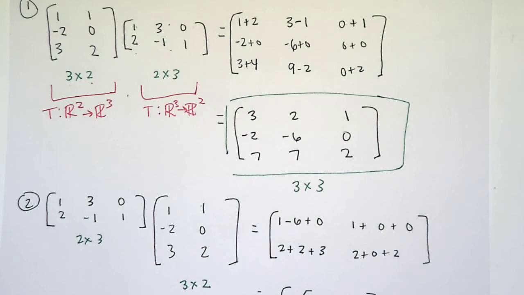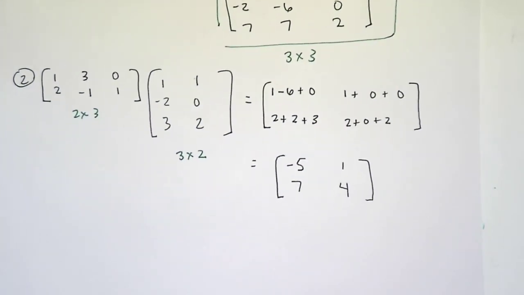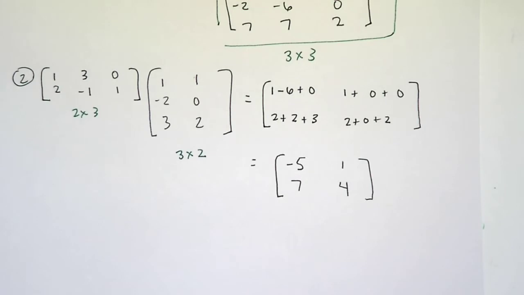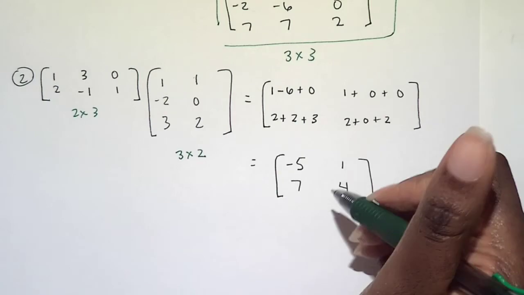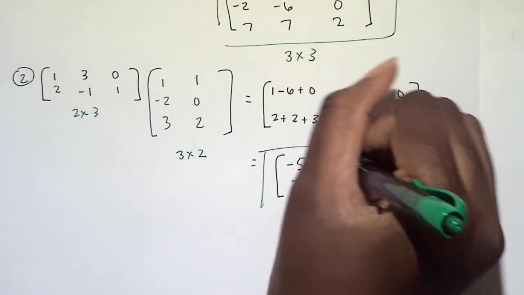All right, so if you need a pause to do the work, you can. I got this 2 by 2 matrix, negative 5, 7, 1, 4 as the result.